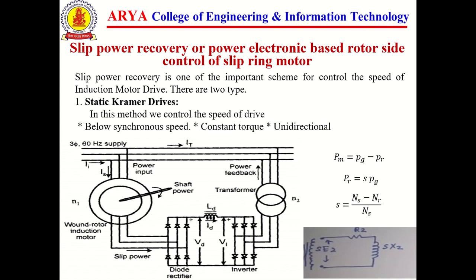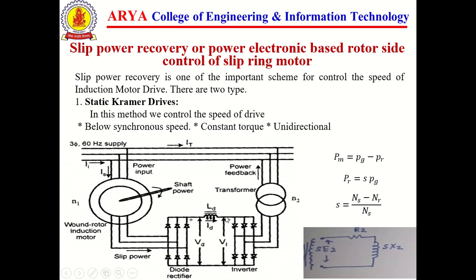If a motor has a synchronous speed of 1000 rpm or 1500 rpm, then we control the speed of this drive below synchronous speed, that means below 1500 rpm, or for a 1000 rpm motor, below 1000 rpm. And the second feature of this drive is maintaining a constant torque, and this drive operates unidirectionally.